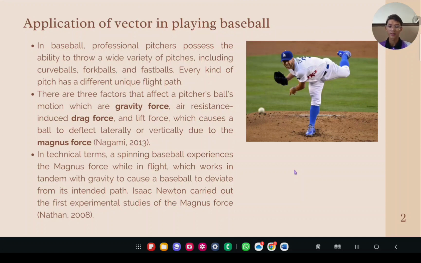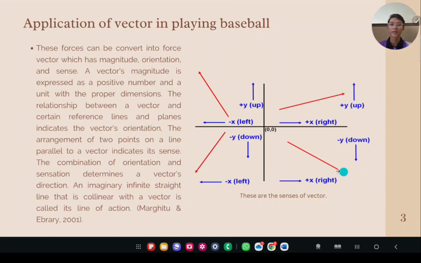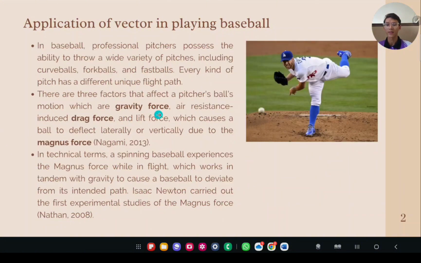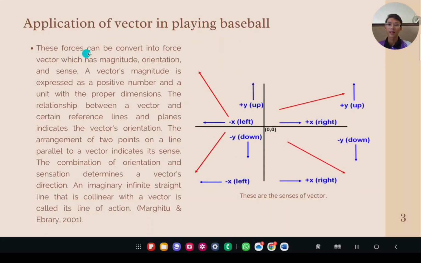Isaac Newton carried out the first experimental studies of the Magnus force. So this force, like gravity force, drag force, Magnus force, can be converted into a force vector, which has magnitude, orientation, and sense.